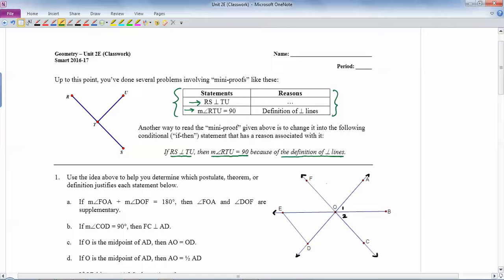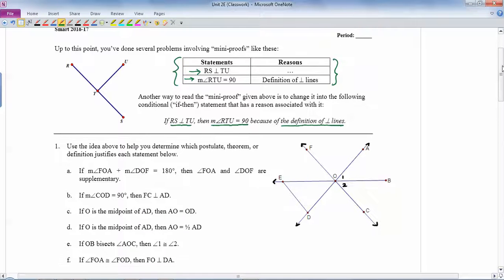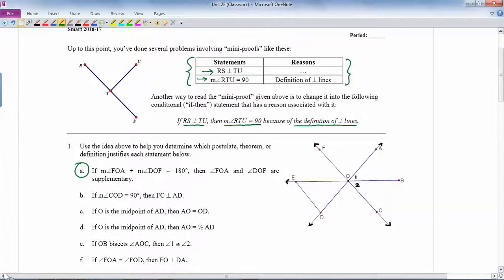So in the type of problem that's in number 1 here, you're given these if-then statements, and really what you have to do is think of them as the mini charts and figure out what's the reason that goes with the second line. So like part A here, the way that you could interpret part A is like this. I'll put it over here on the side. So it's like a mini proof that looks like this: statements, reasons.